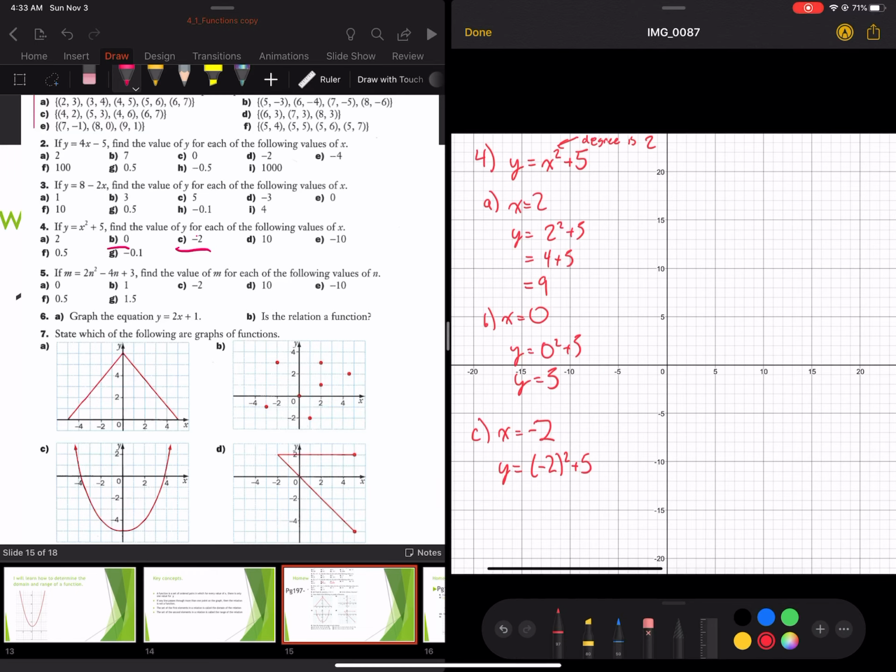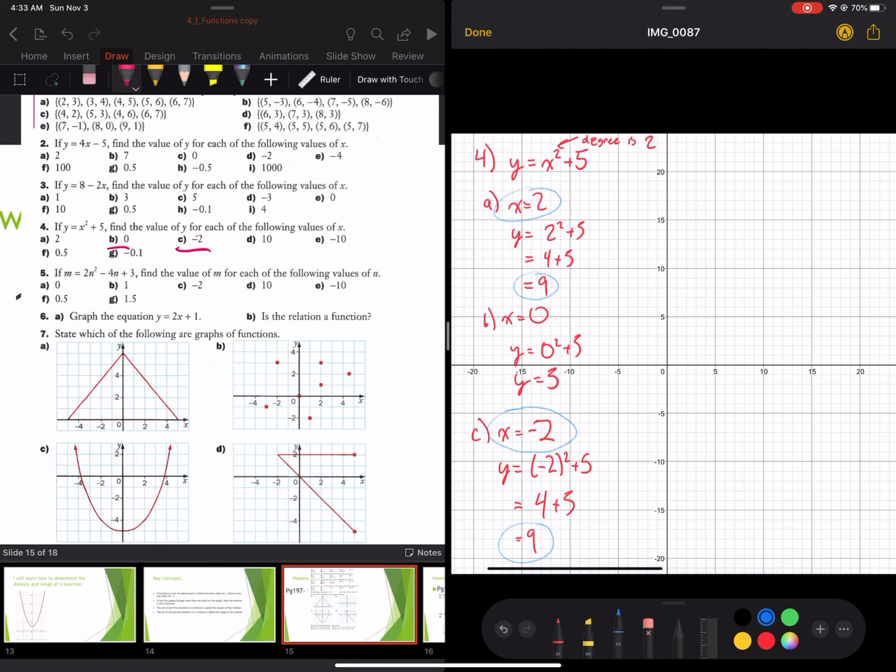What happens to this minus 2? Minus 2 squared is just equal to 4 plus 5, which is equal to 9. Now, something that I want to take note of here is when x is minus 2, or 2, y equals 9. Just pay attention to that later. Just keep that in mind.